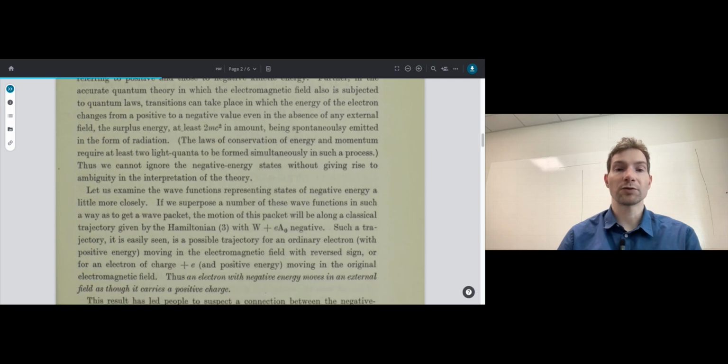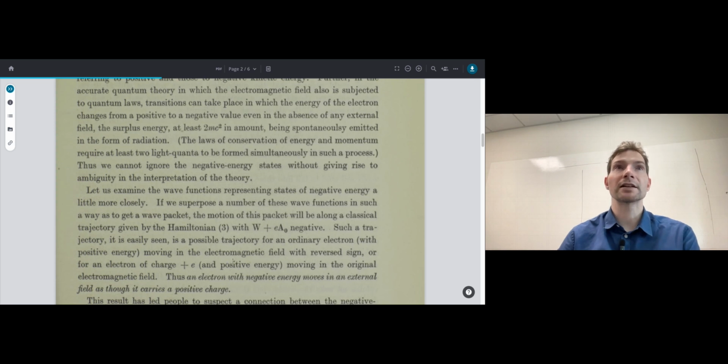Then he says that if we try to see how these negative energy states behave, in most circumstances the trajectory is a possible trajectory for an ordinary electron with positive energy moving in the electromagnetic field with reversed sign, or for an electron of charge plus E and positive energy.